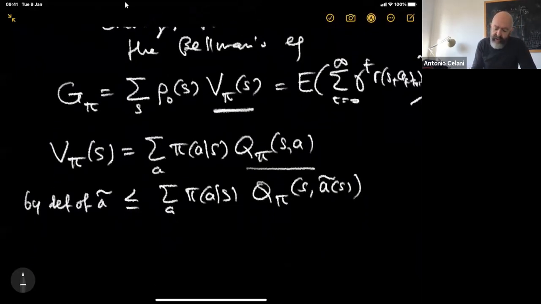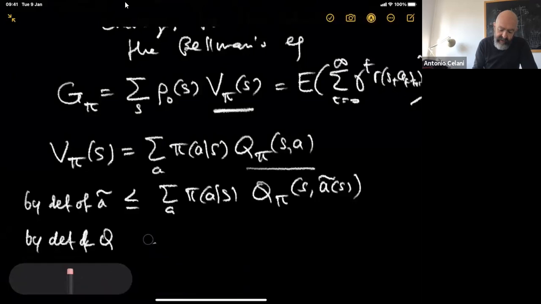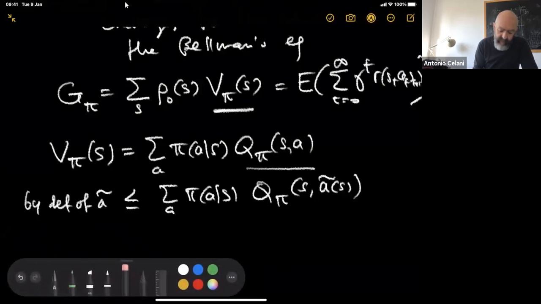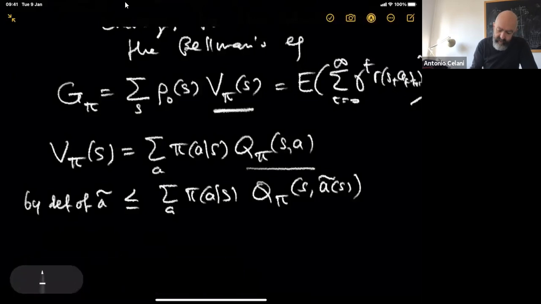And the second step is to use the definition of Q pi. By definition of Q, this is equal, sorry, just one step before. So this object here, now notice, sorry, one more step before we go there. So we take all possible precautions.